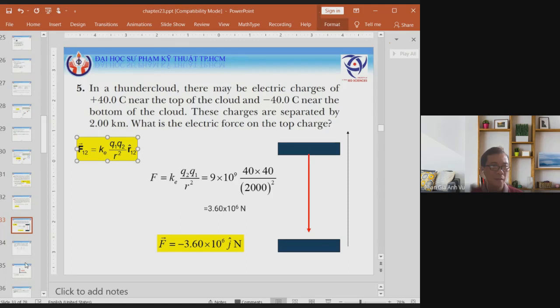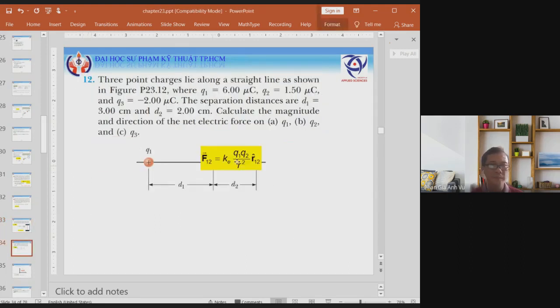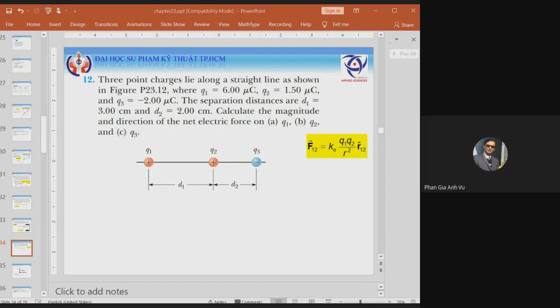Again, Coulomb's law is here. You can solve it on paper, because we have the Zalo group already, and take a photo of that and send it to me, and I will show your answer, your solution, to everybody on my screen.